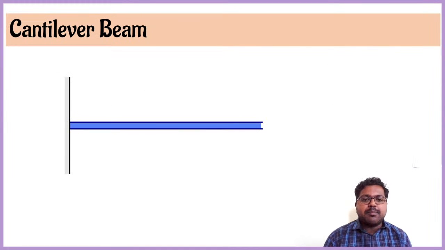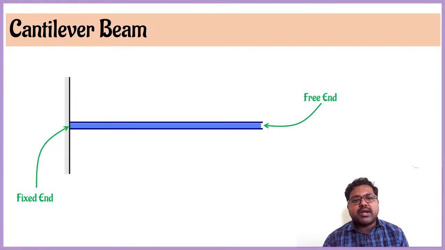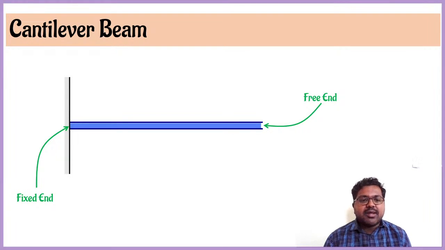see cantilever beam. As we already discussed in last classes, a cantilever beam means a beam which is fixed at one end and free at another end. So a beam which satisfies support conditions like a fixed support and a free end, such a beam is called a cantilever beam.